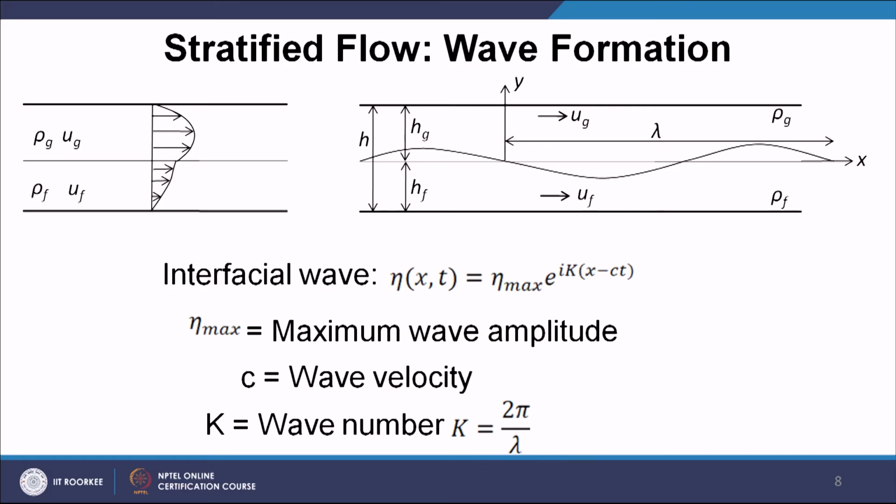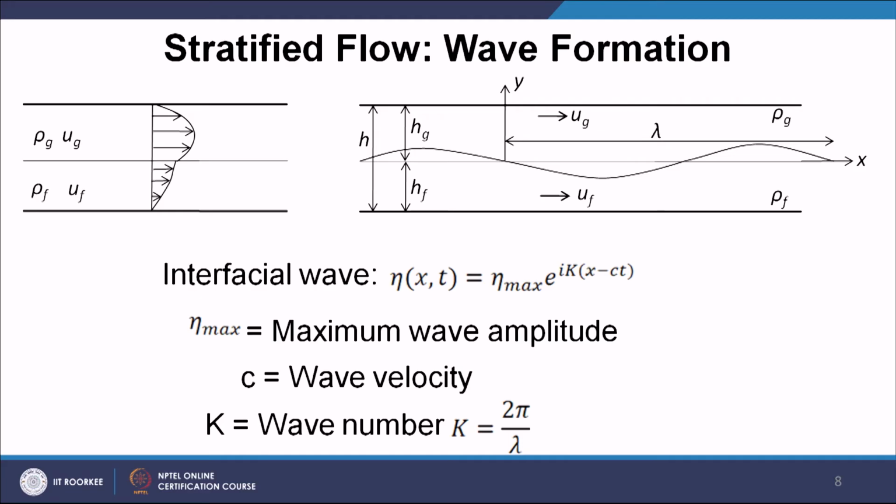Okay. So, in some cases people consider the slip, but here we are not considering that slip. Anyhow, so here rho g and ug are the corresponding density and velocity for the gaseous phase, and rho f and uf are the corresponding velocities and densities for the liquid phase.